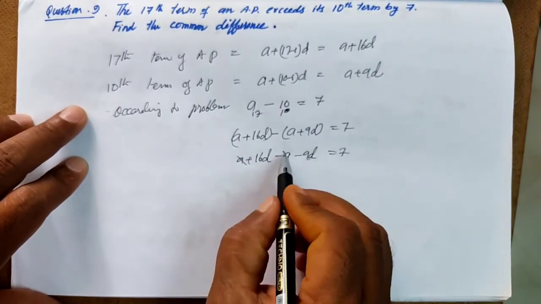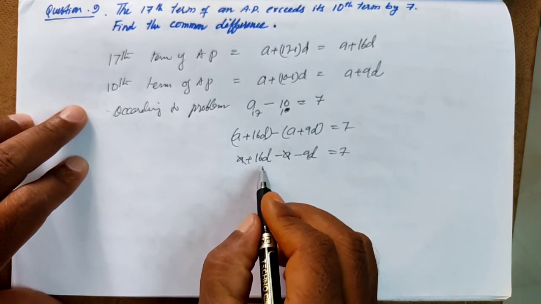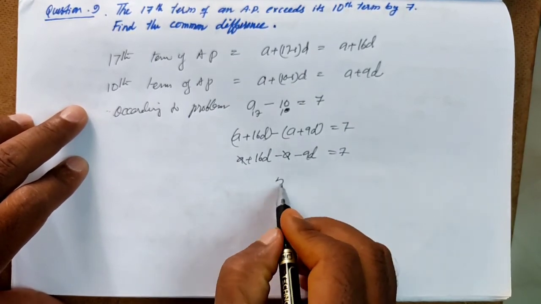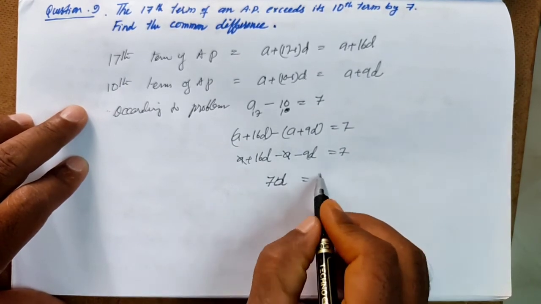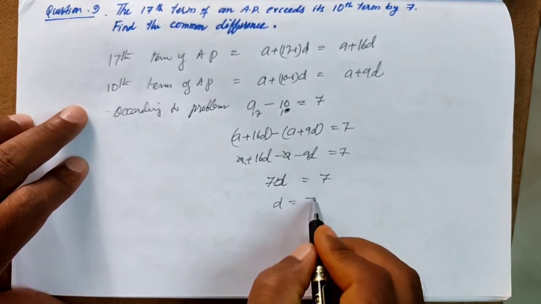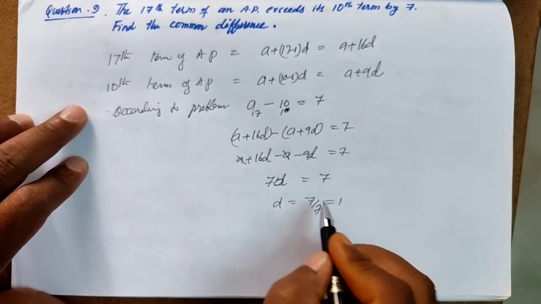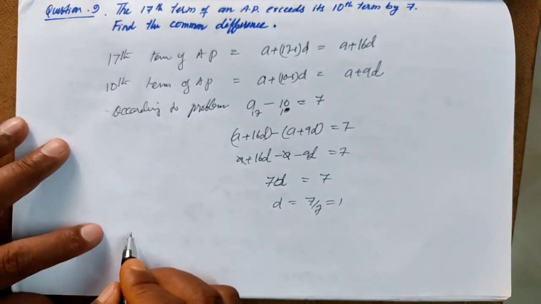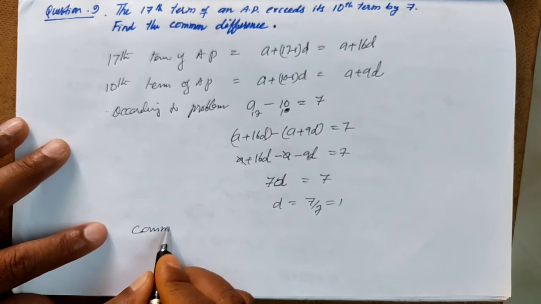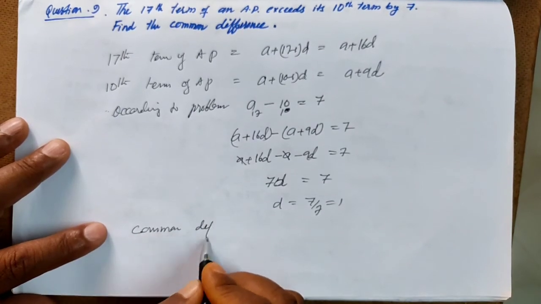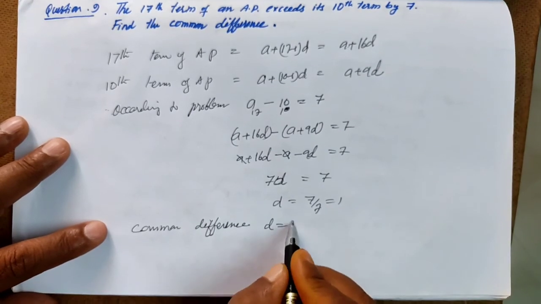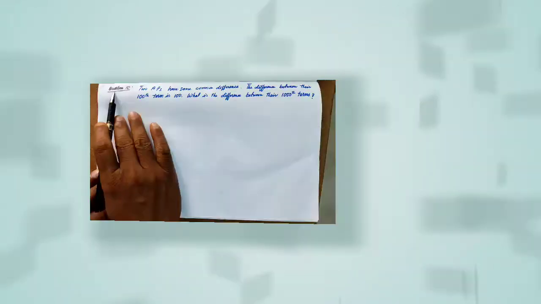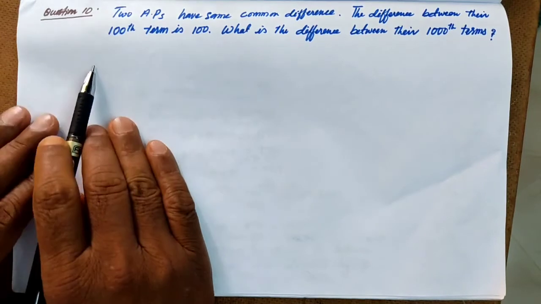Now plus a minus a gets cancelled, and 16d minus 9d is equal to 7d, which is equal to 7. Now d is equal to 7 by 7, which is 1. So the common difference is d is equal to 1. This is the answer.